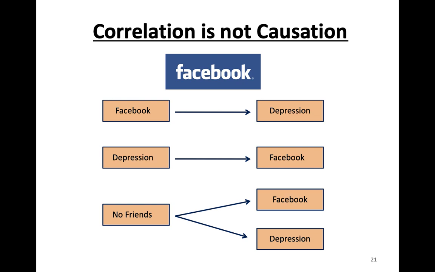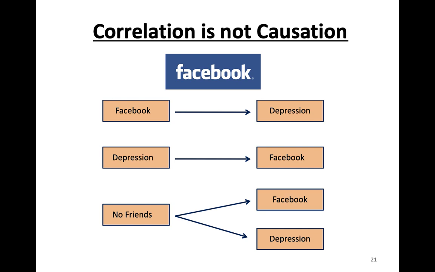And it could be the case that people that don't have any friends are spending a lot of time on Facebook or social media, and they're also depressed. So the reason that people have high scores on both Facebook hours and depression, the true causal factor is really that they don't have any friends.